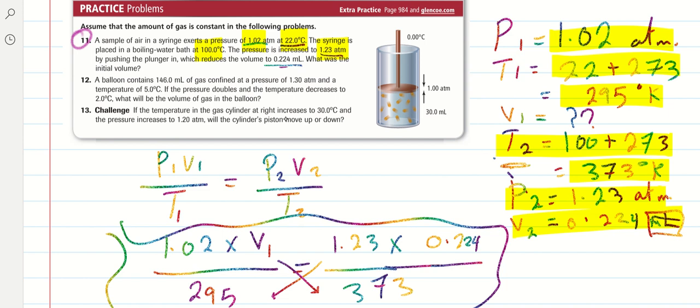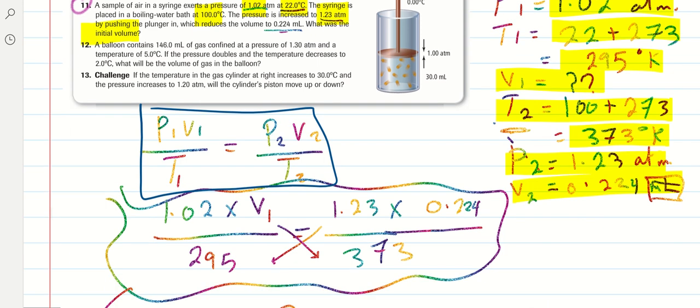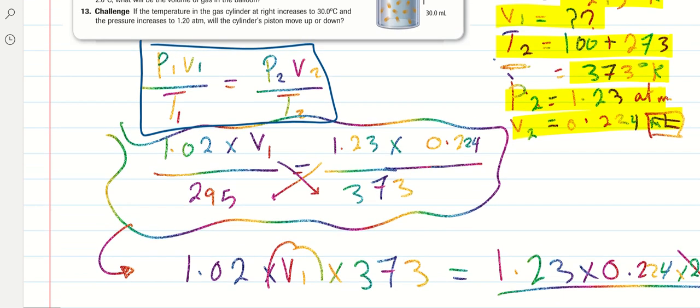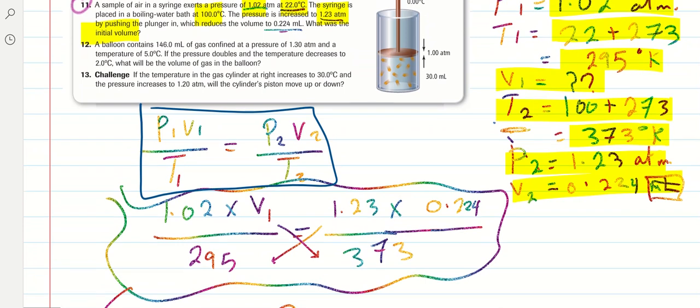What was the initial volume? Volume 1, we don't know. Volume 1 is unknown. How to answer it? Our formula for the combined gas law is P1 V1 over T1 equals P2 V2 over T2. And then what we're going to do is just fill in our formula.